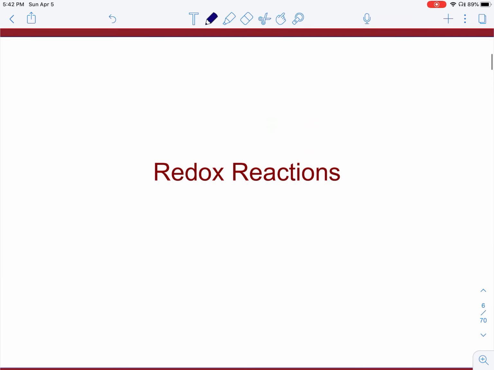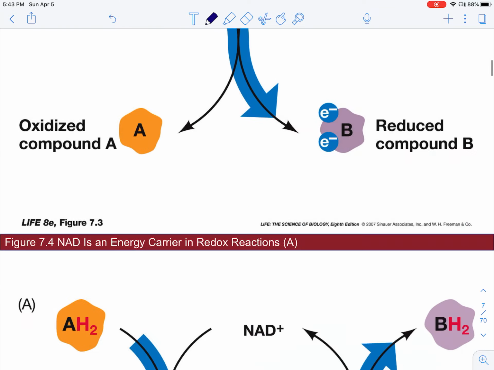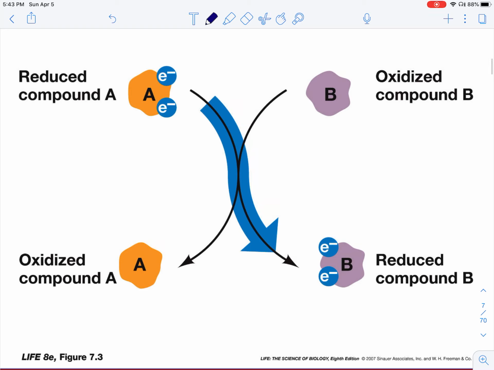So we need to look at the transfer of electrons, and we went over this last chapter, so I'll just briefly reiterate it here, right? A redox reaction is an oxidation reduction reaction, and you always have a transfer of electrons. Electrons don't leave one compound without going someplace else because electrons are high energy. And so we can transfer those electrons directly.